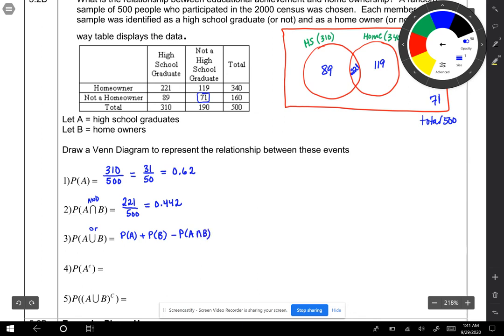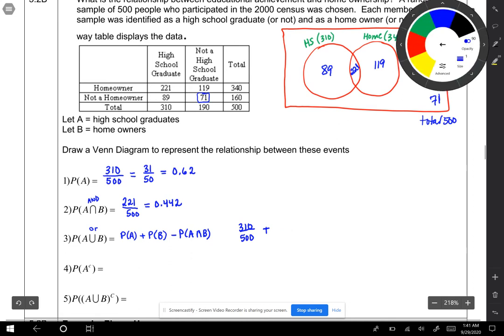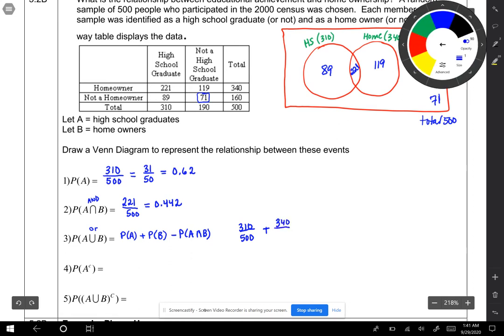And so if we were to do that, the probability of A was 310 over 500, plus the probability of B is 340, because that's homeowners, out of 500 actually, minus the probability that they're a high school graduate and a homeowner, so minus 221 over 500, and that gives you 429 over 500.